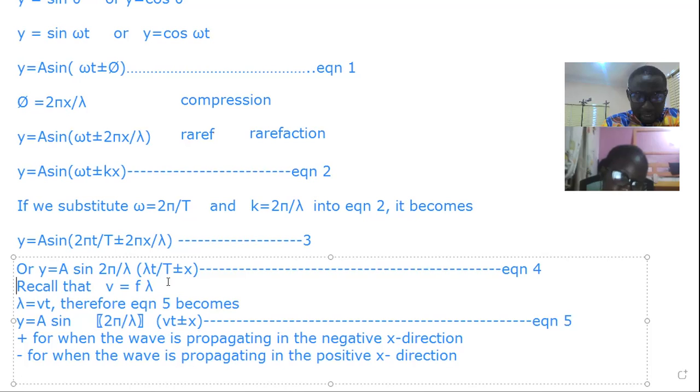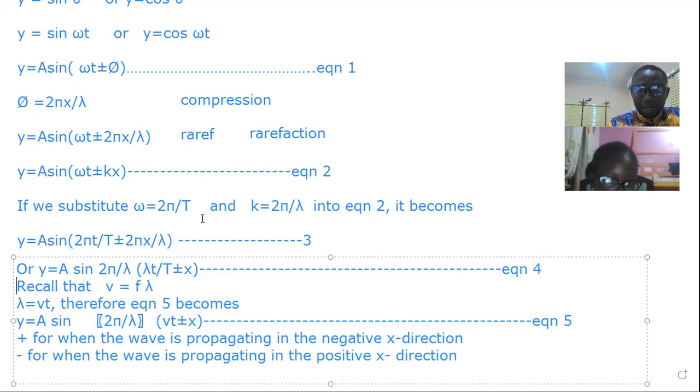We know definitely that v is equal to lambda over T, and that gives us a is equal to a sine 2 pi over lambda bracket vt plus or minus x.